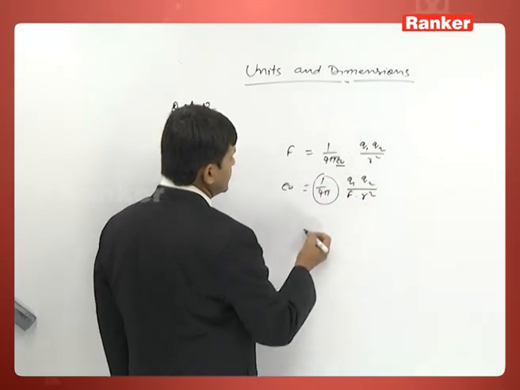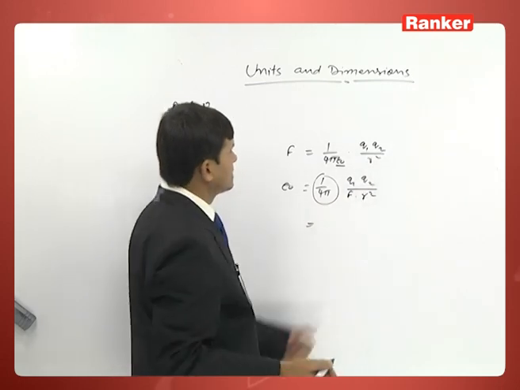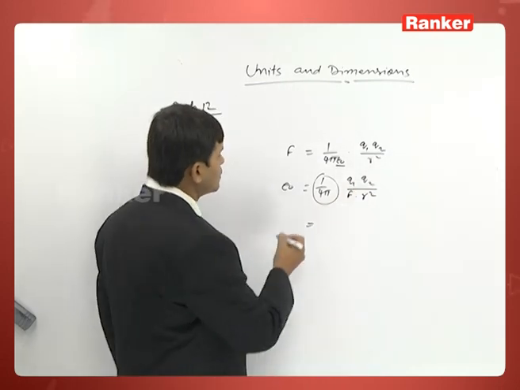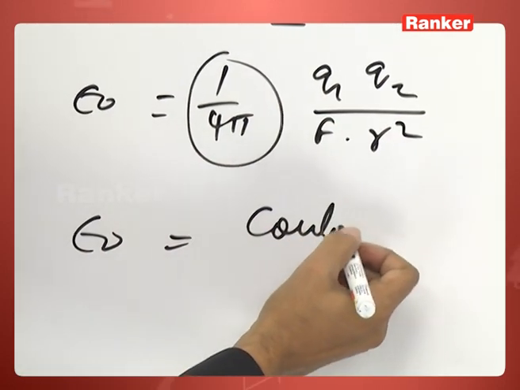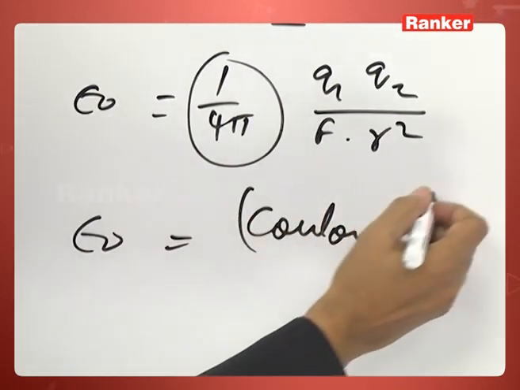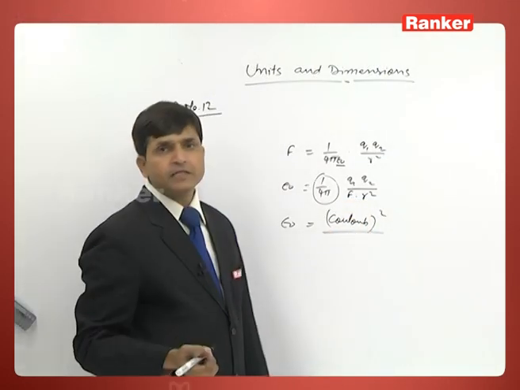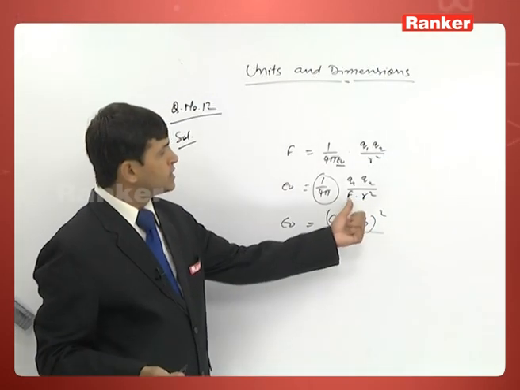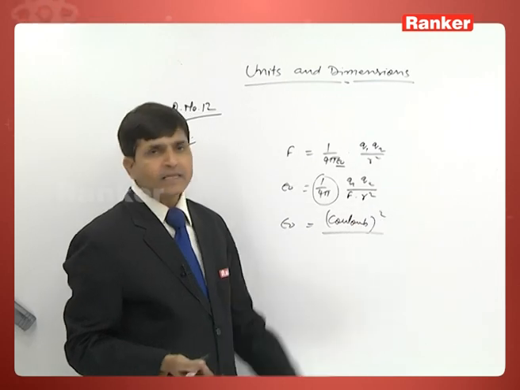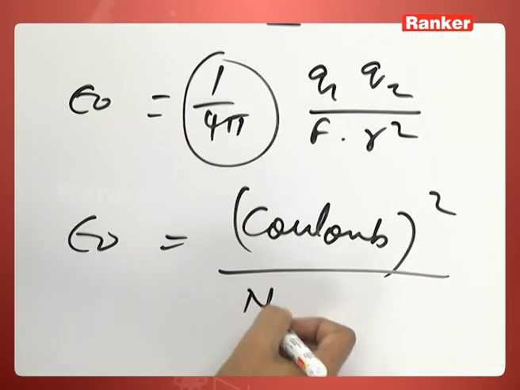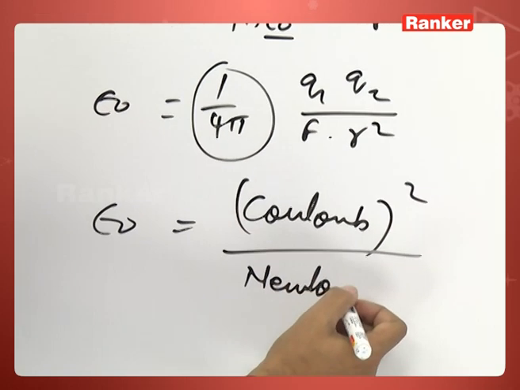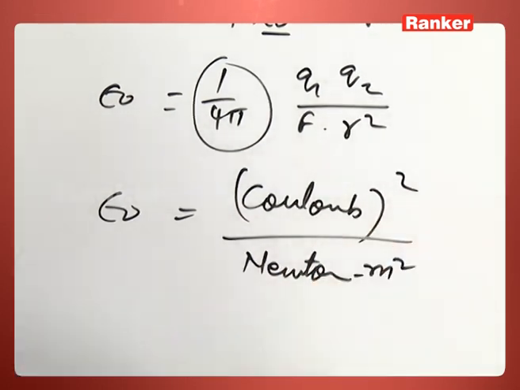This is a constant. Here Q1 and Q2 are charges, so the unit of charge is Coulomb square. Then F is the force, and the unit of force is Newton. R is the distance, that is the meter, so Newton and meter square.